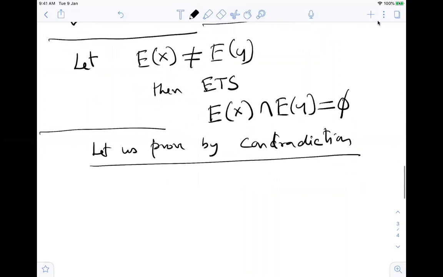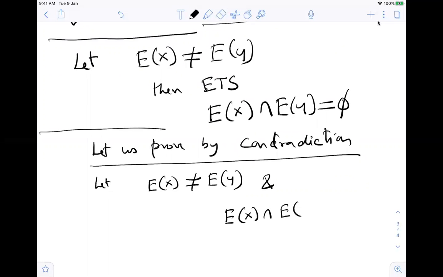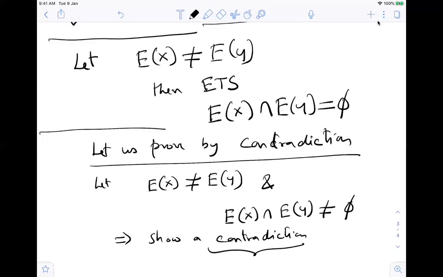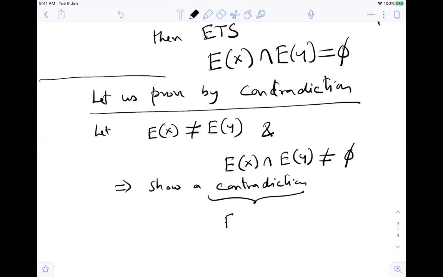It means that let E of X not be equal to E of Y. This is the initial assumption, and E of X intersection E of Y is not equal to empty, meaning it has something in common. Then I want to show a contradiction, which I will explain more formally as we go, a false statement.